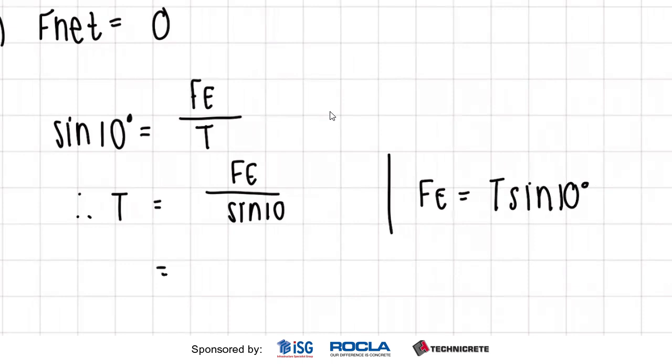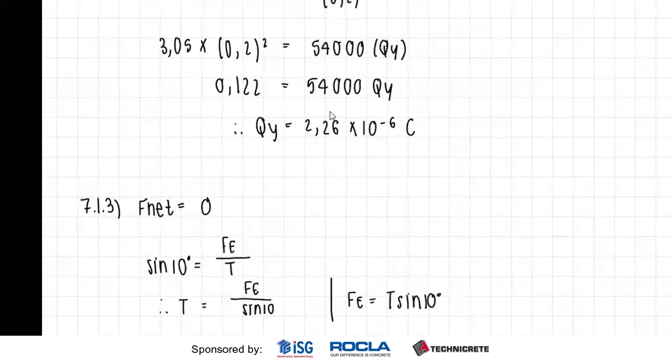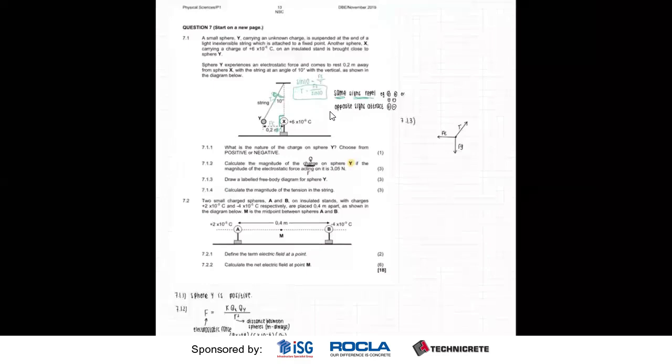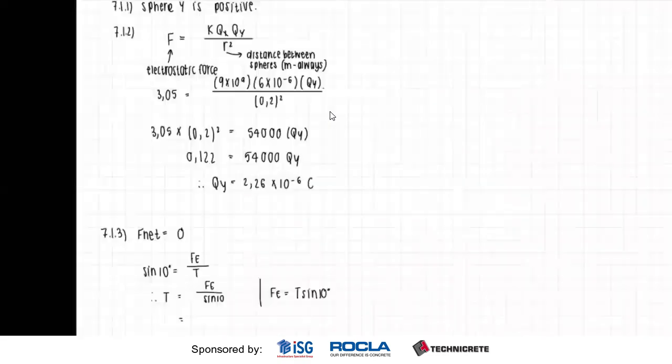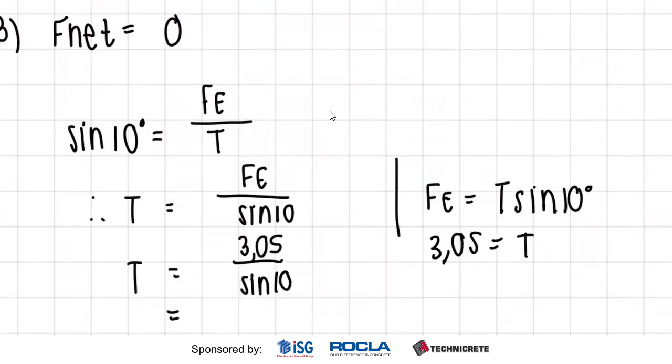Then we can substitute in. We were given in the last question that the electrostatic force is 3.05. So tension is 3.05 over sine 10, and 3.05 is T sine 10 degrees.